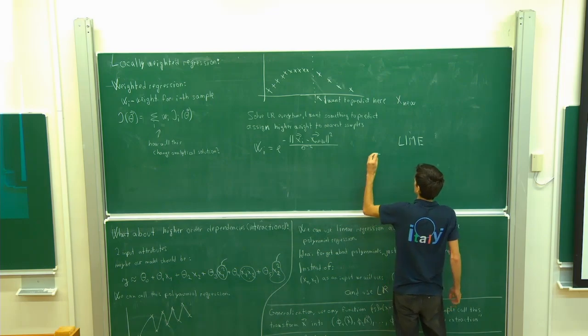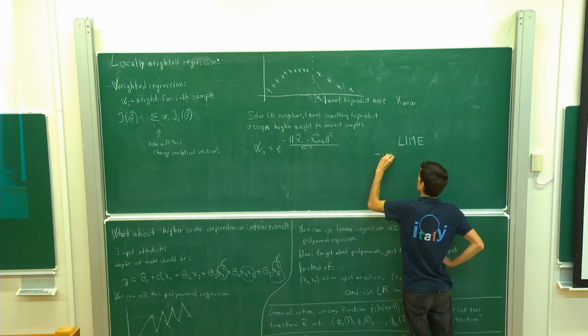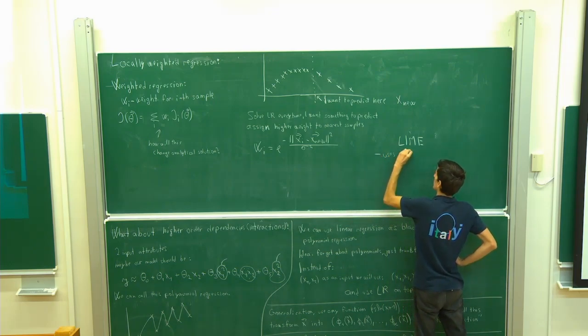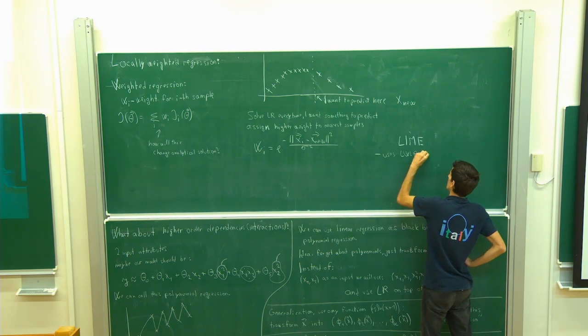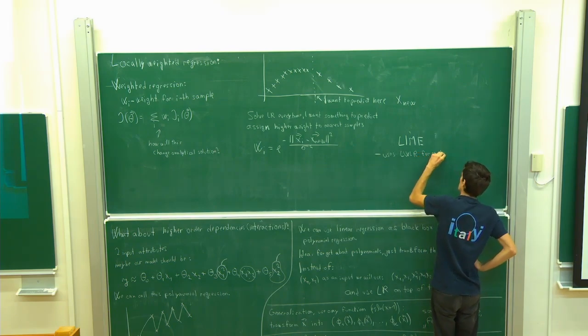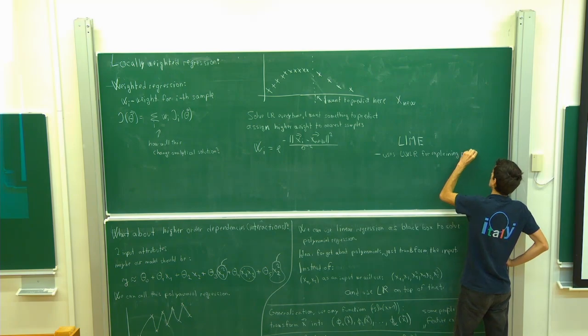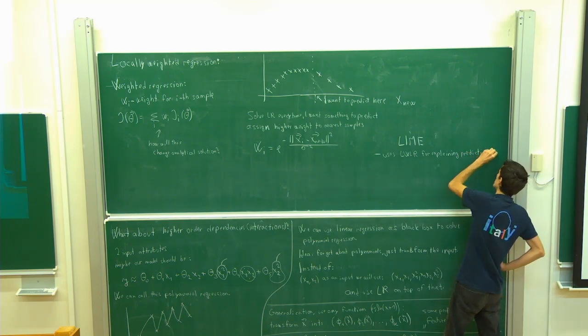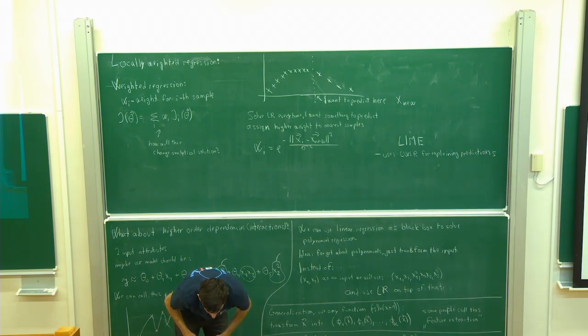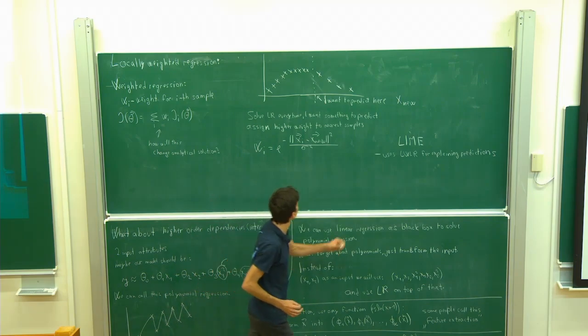So LIME uses locally weighted linear regression for explaining predictions. Local Interpretable Model-agnostic Explanations.